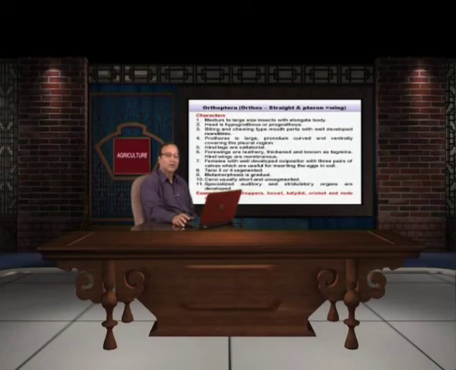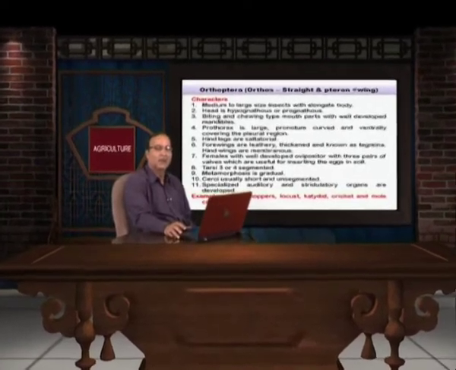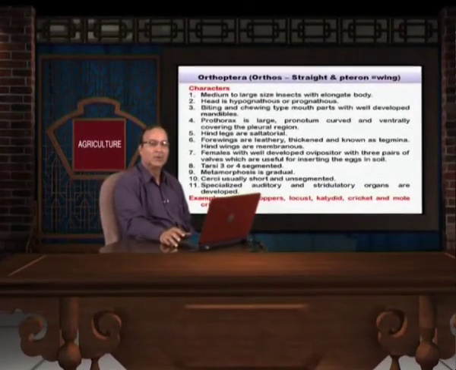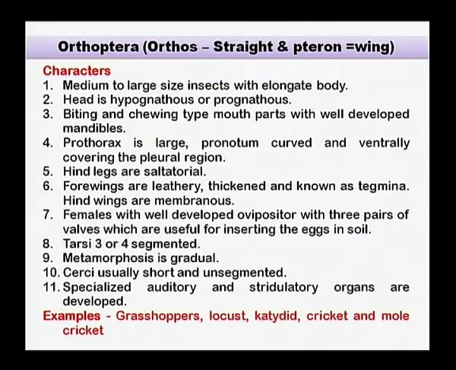Now coming to the order Orthoptera, ortho means straight and ptera means wings. So the insects having straight wings constitute this order in general.